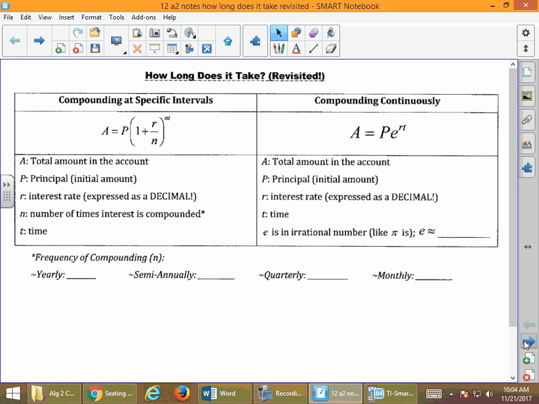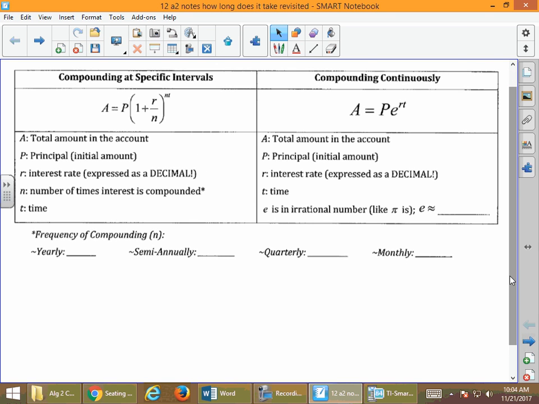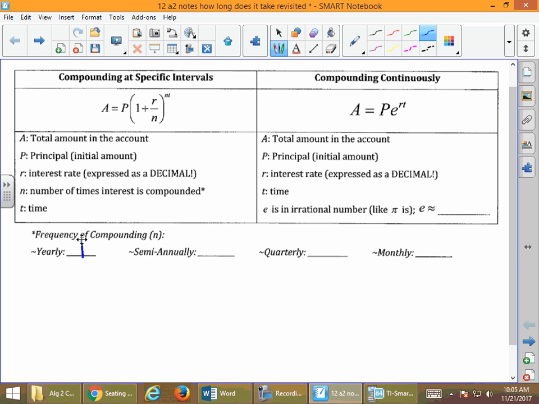And then the N, the one that I just skipped over. N is the number of times that interest is calculated. And we have some different time intervals that we looked at yesterday in our notes. The first example that we did was yearly. That means that interest is calculated once per year.